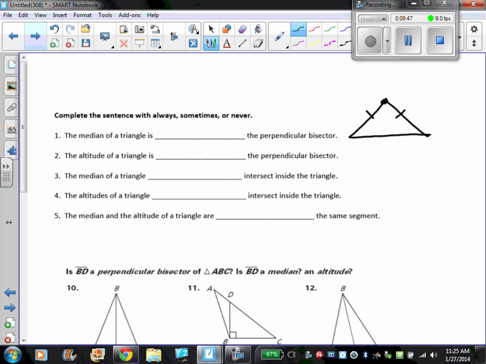Well, that's just going to fall straight down the middle if this is an isosceles triangle, because we're starting at this vertex up here, and then we're going down to the midpoint of the opposite side down there. But if this is really an isosceles triangle, these are also going to be right angles, which makes that also the perpendicular bisector. But if we drew that triangle slightly differently, let's say that this side was shorter than this side, it wouldn't work out the same way. So this is a sometimes case.